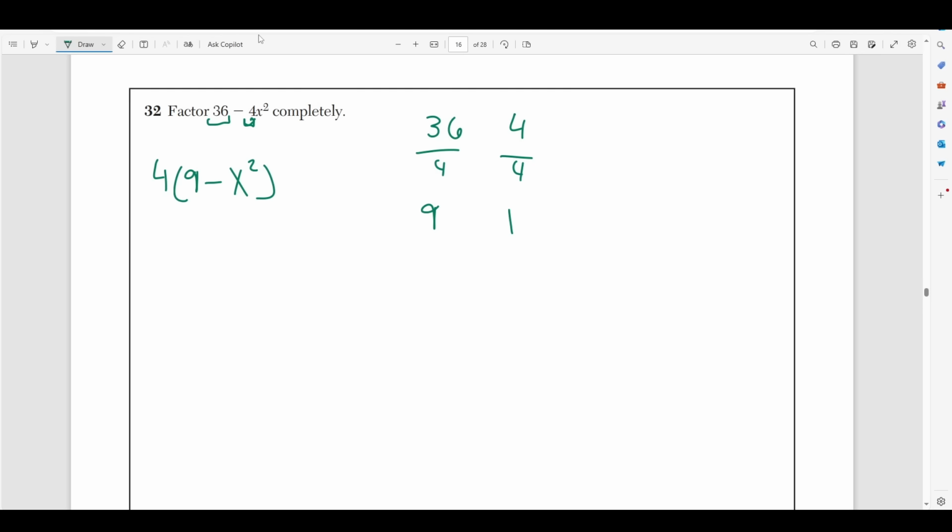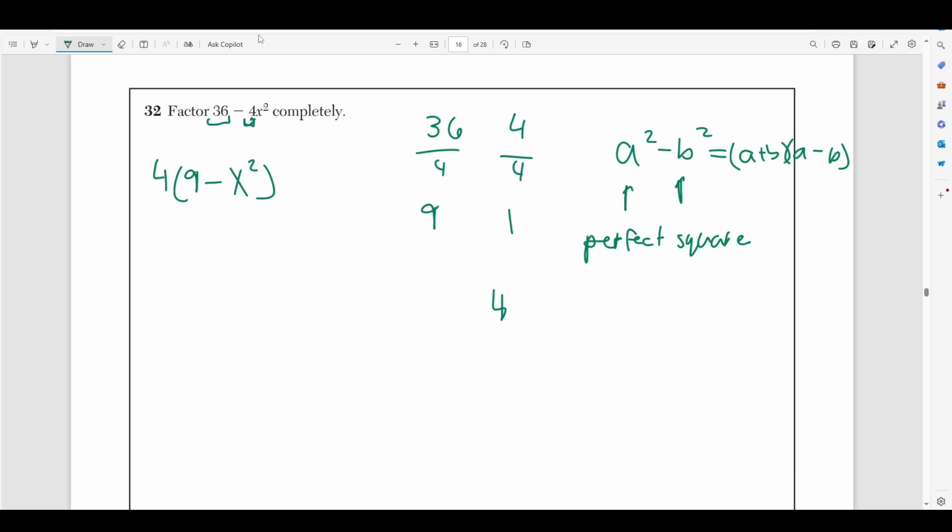Now I can factor this out even more because of the form a squared minus b squared is equal to a plus b times a minus b. And this happens only when a and b are both perfect squares. So what is a perfect square? A perfect square is a value that gives you a whole number when you take the square root of it.